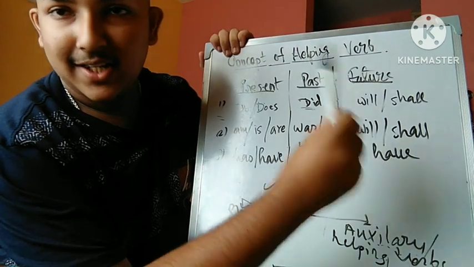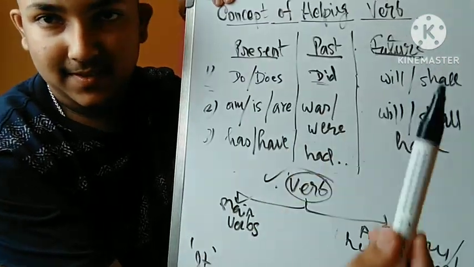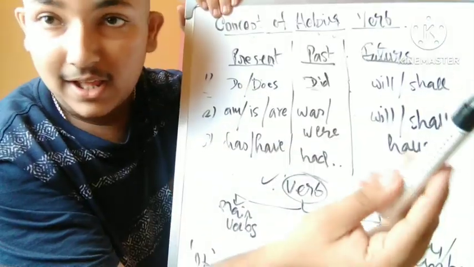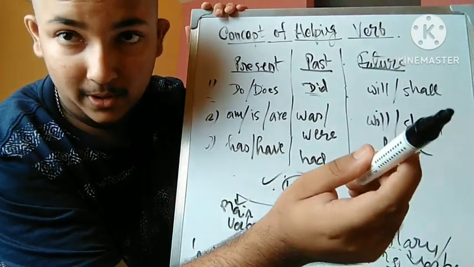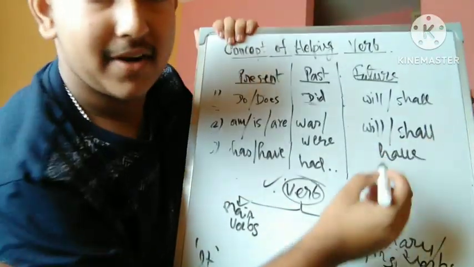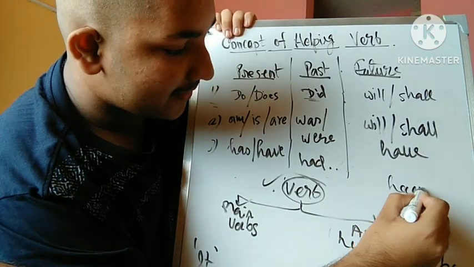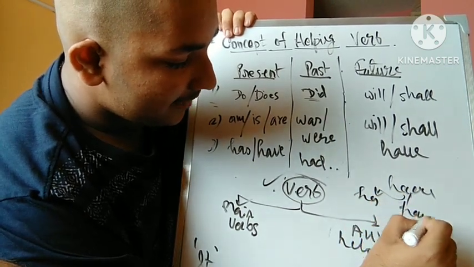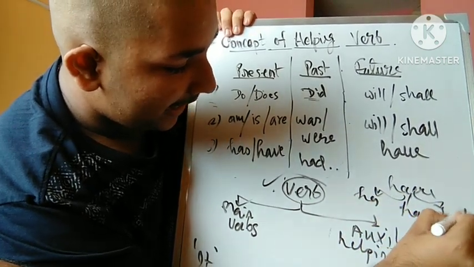If am, is, are is written anywhere, be sure that this is present tense. Has, have falls under have auxiliary, have helping verb. Here I am writing have verb has three parts: has, have, and had.